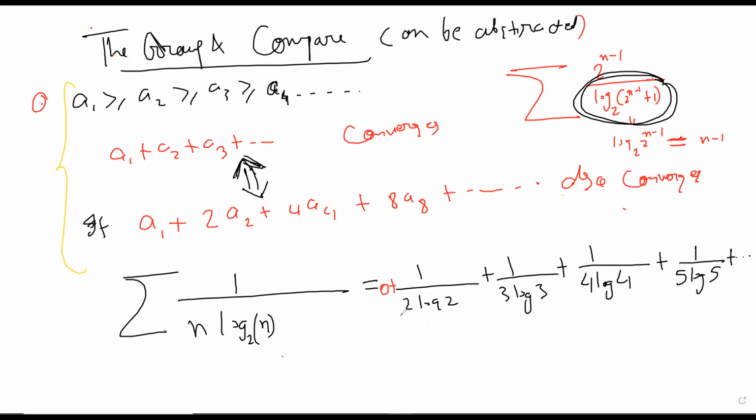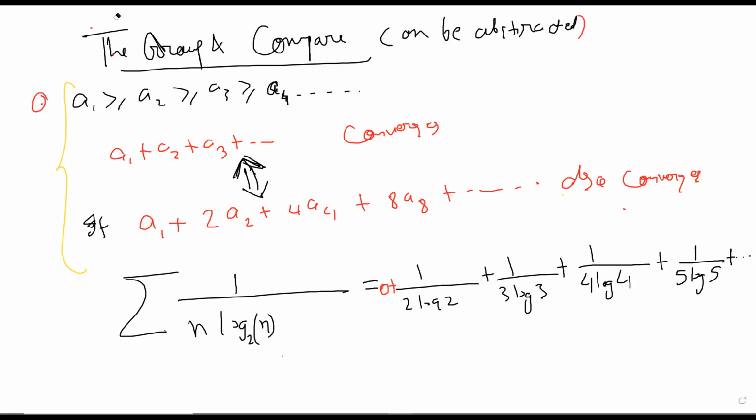Even if you don't add it, you won't get a wrong answer, just your calculation will be a little messy. So 0, then 2 by 2 log 2, 4 by 4 log 4, and then 8 by 8 log 8.